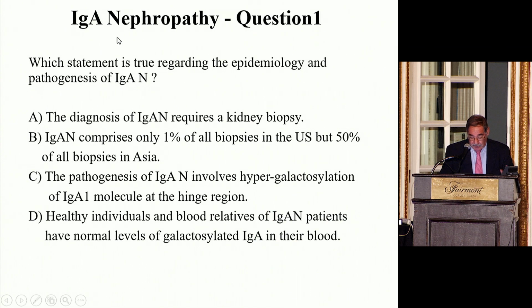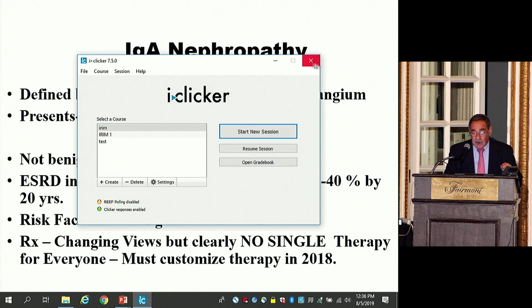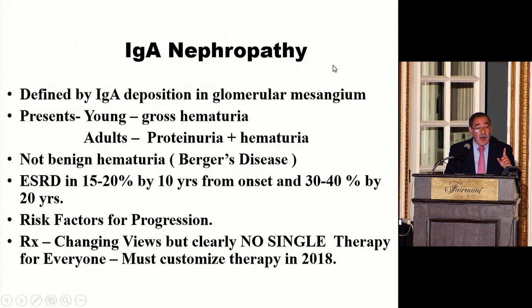Oh, good, great. Okay, so IgA nephropathy is defined by the deposition of IgA in the glomerular mesangium, sometimes along the capillary wall. As nephrologists, you have to remember IgA is either dominant or codominant. You can have as much IgG and IgA, they both can be 2+, and that can be IgA nephropathy.